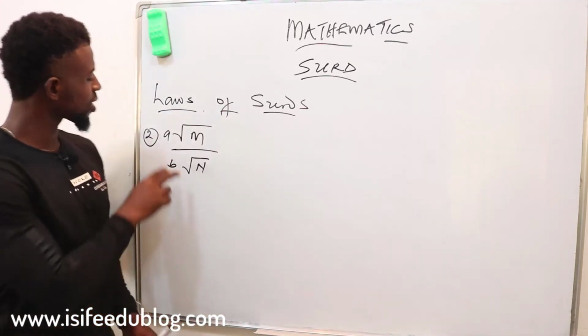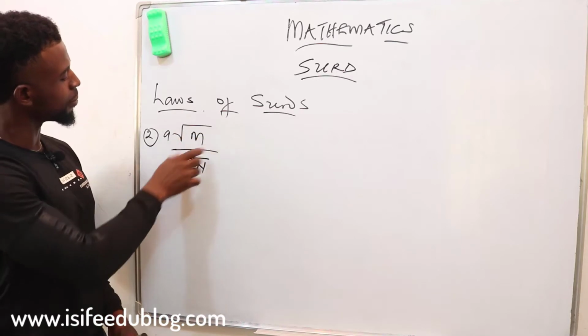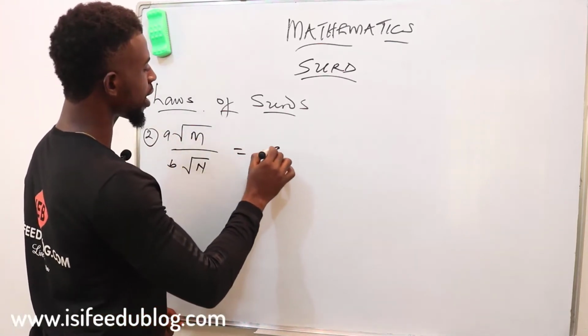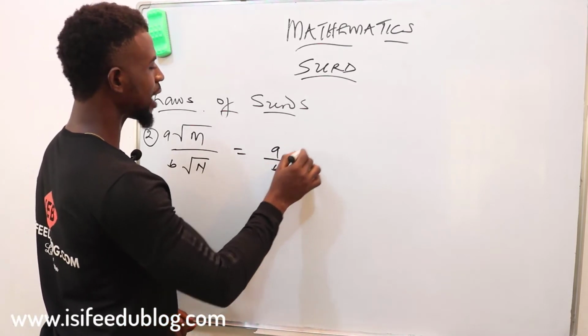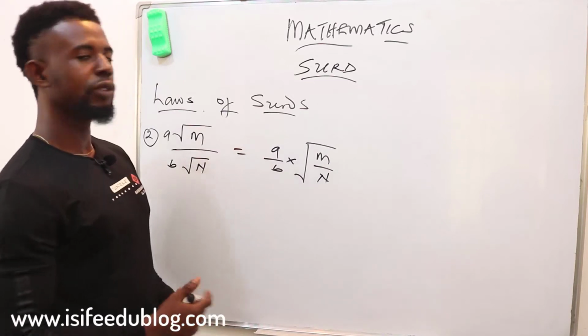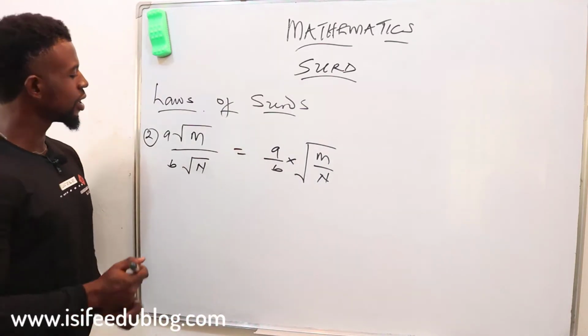Our second law tells us that if I have a root m all over b root n, then the solution is equal to a all over b times root m all over n. Okay?